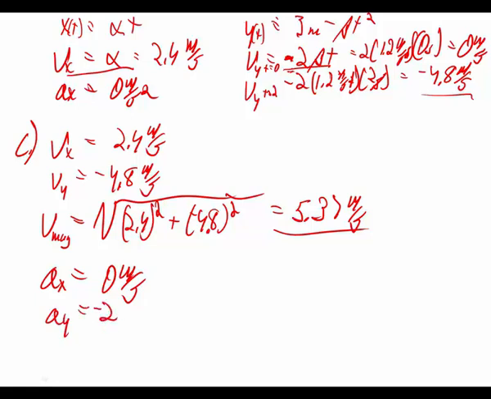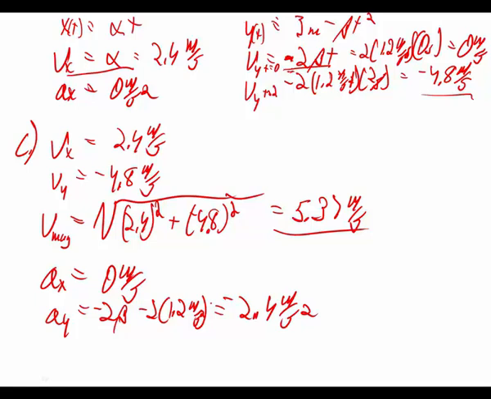Negative 2 beta, thank you, which would be negative 2 times 1.2 meters per second, and you get 2.4, negative, meters per second squared, right? That's supposed to be squared right there, isn't it? Yeah. Thank you. The vector notation would just be 2.4 at 270 degrees.